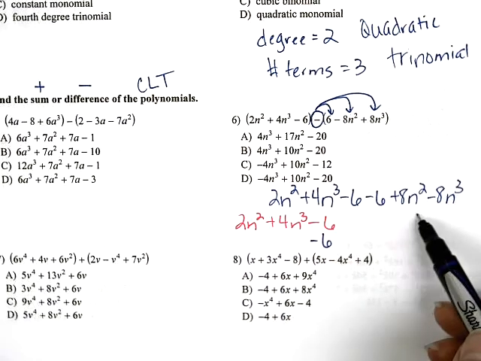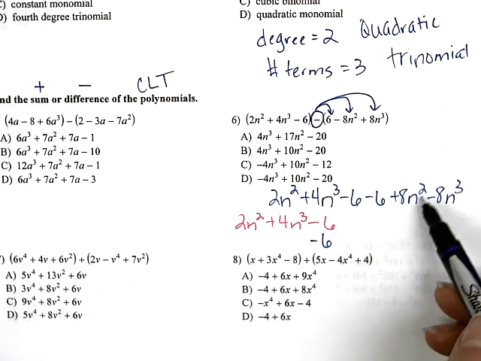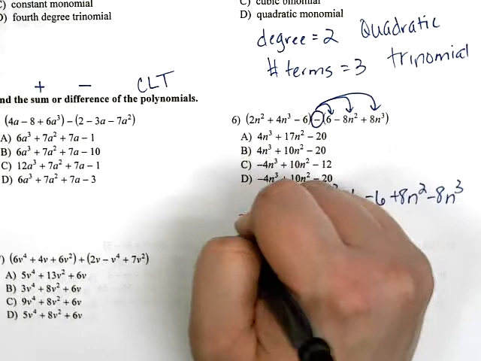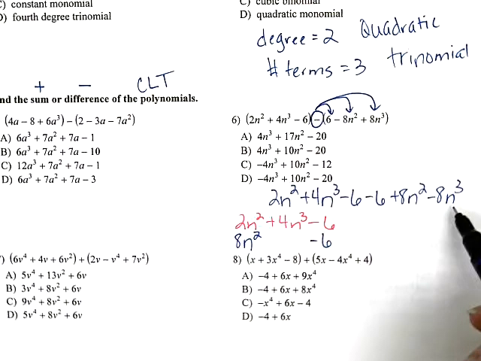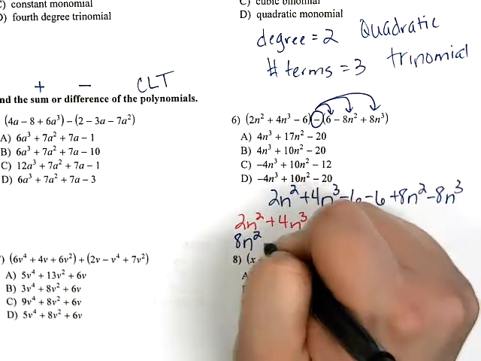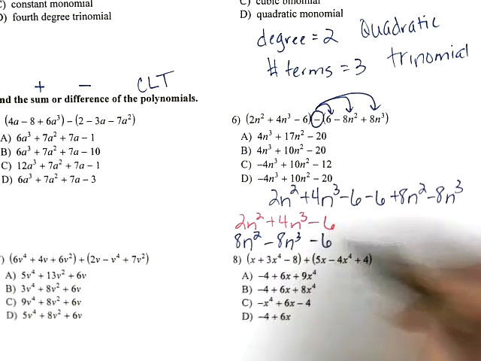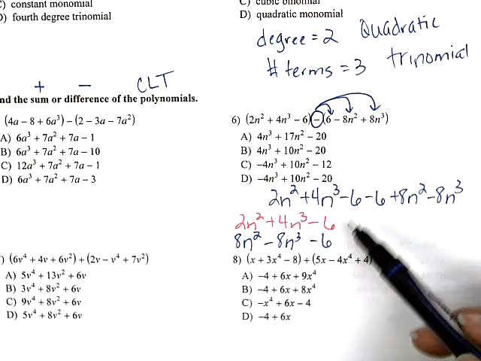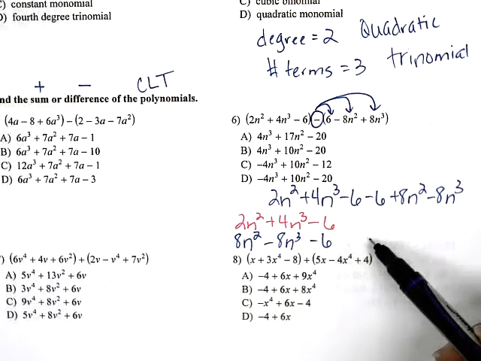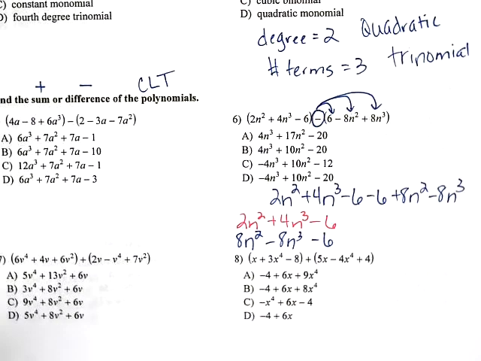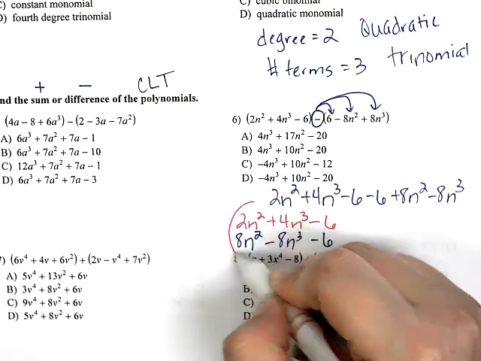And then 8n squared, that's a variable that's got an exponent of 2, so it needs an exponent of 2 with it, 8n squared. And then negative 8n to the third, that's going to go with my n to the third. Remember, I only want to put like terms on top of each other. If I had something that didn't have a like term, I would just have to put it off to the side by itself. But now I can combine my like terms, and I'm just going to add those together.